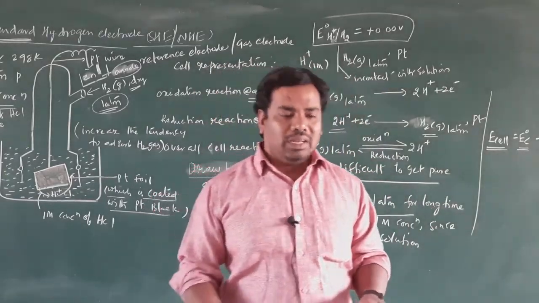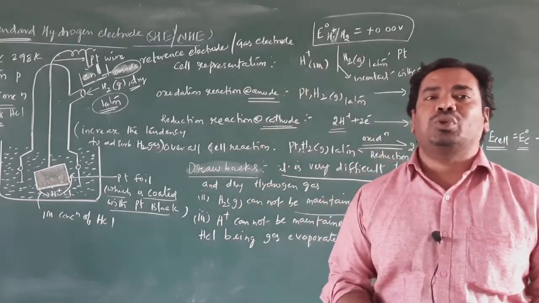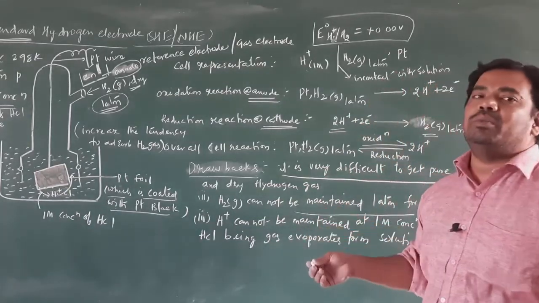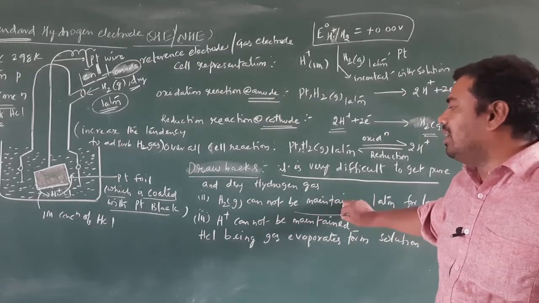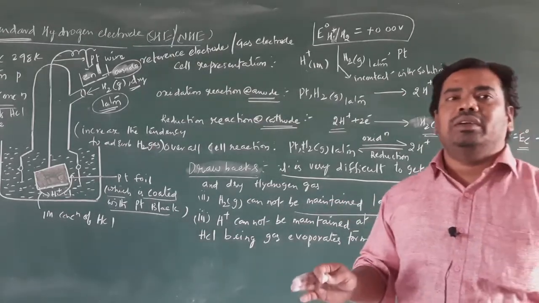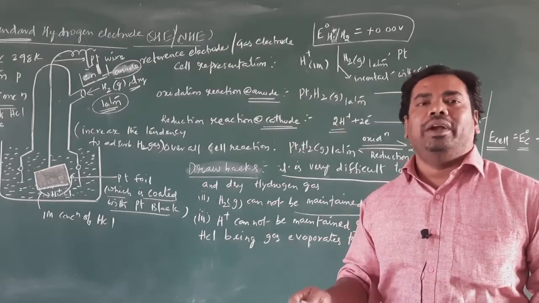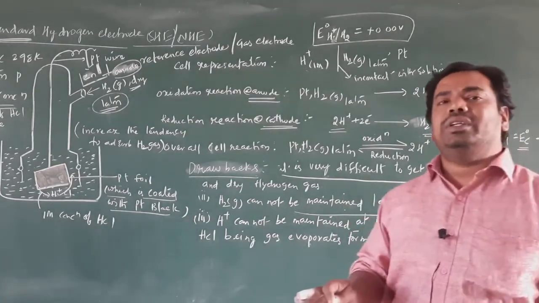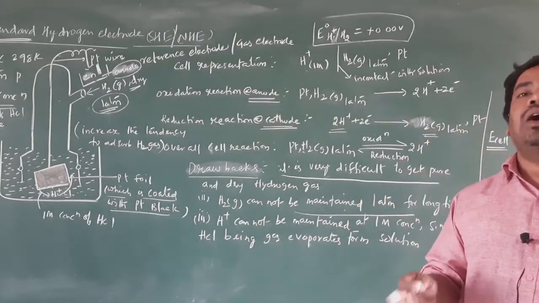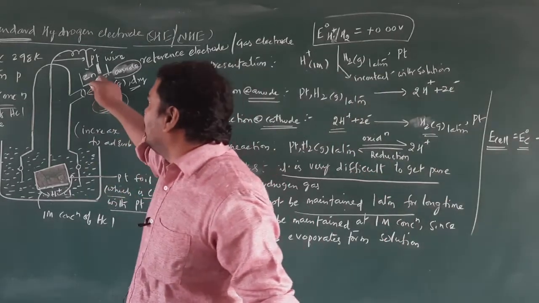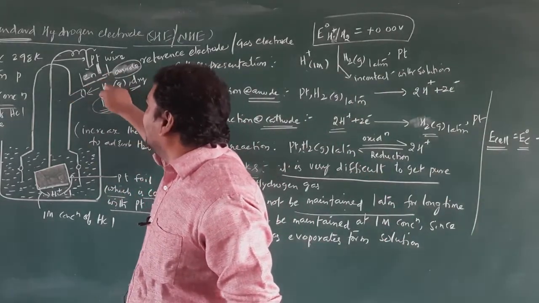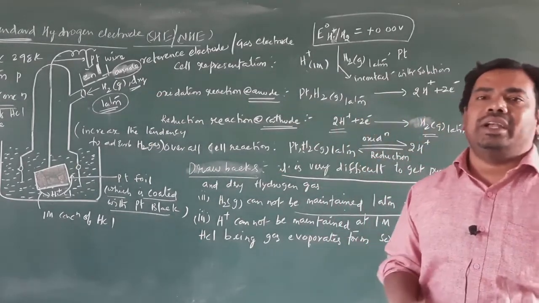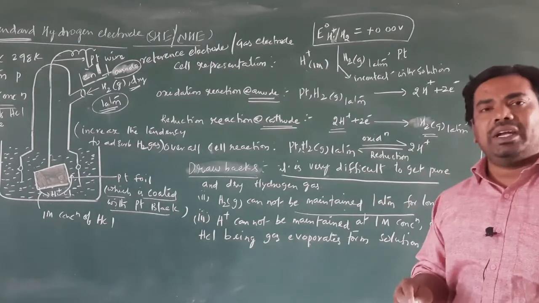Hydrogen gas cannot be stored in glass beakers or reagent bottles because it is gaseous, and we require specific instruments or operators for its storage. For example, in an open vessel with hydrogen gas passing through, the atmospheric conditions vary, so it is not possible to maintain hydrogen gas at 1 atmosphere pressure. That is the second biggest difficulty.